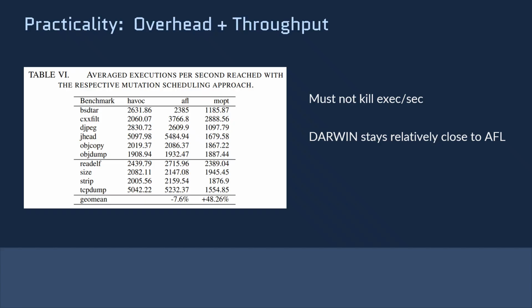So the key idea with the trade-off is that you can be extremely fast and produce a bunch of executions per second, but a lot of those executions are just junk mutations that aren't going to find those deep paths within your code. Or you can be a slightly slower fuzzer that doesn't produce as many executions per second, but produces much higher value inputs that can help find these code paths and find these bugs.